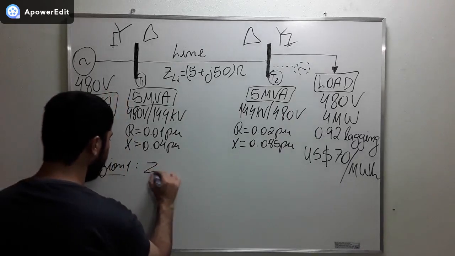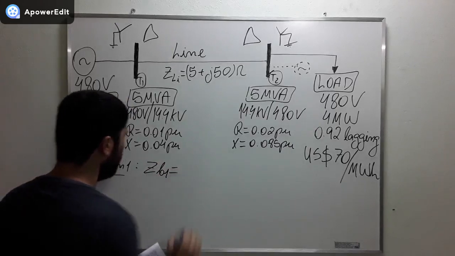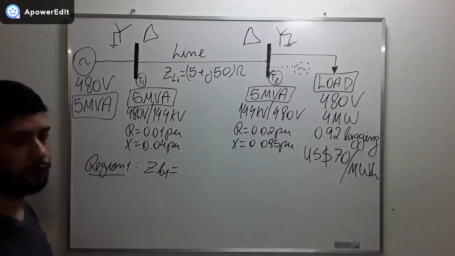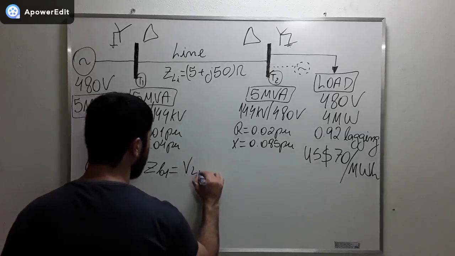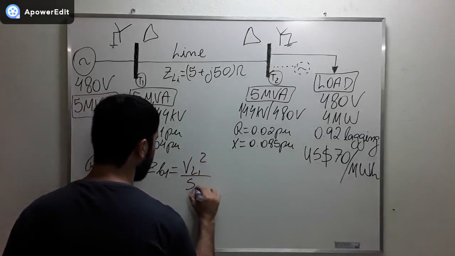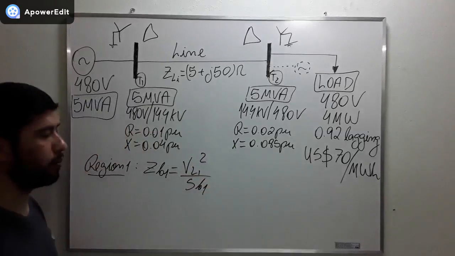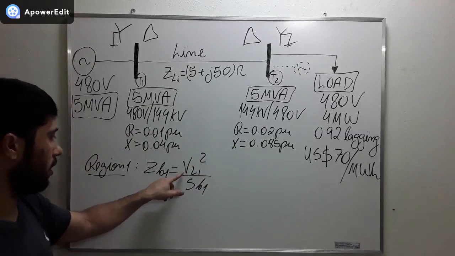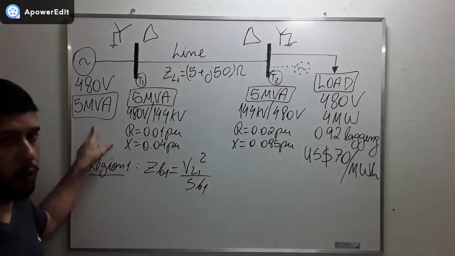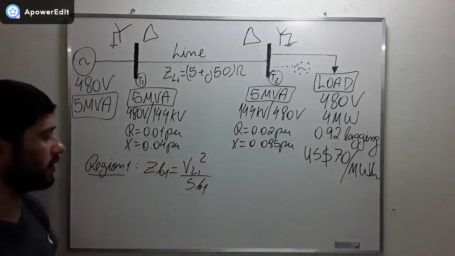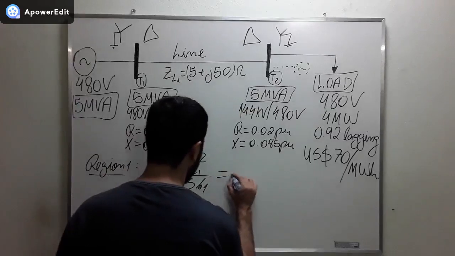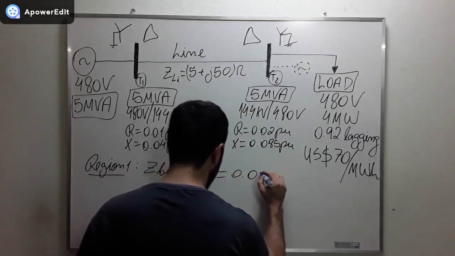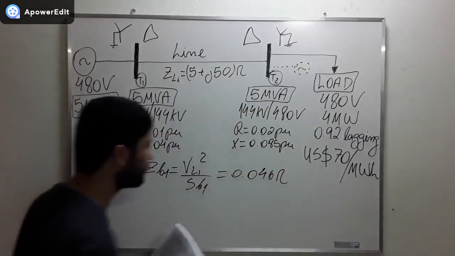First we want to calculate the base impedance for region 1, and we use this expression, which is the line voltage of region 1 squared divided by the power. And I find the value of 0.046 ohms.